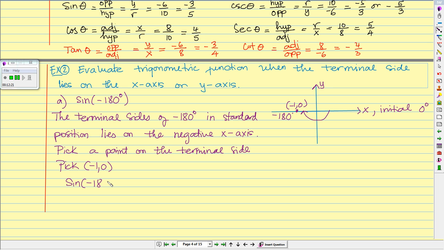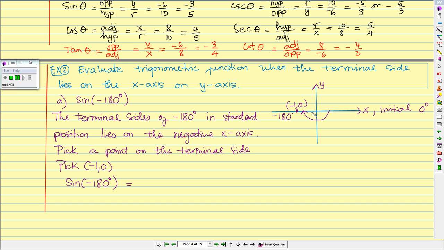Now I'm going to go ahead and find sine of negative 180 degrees. Sine is opposite divided by hypotenuse. But in this case, you can see that you just have a flat line.